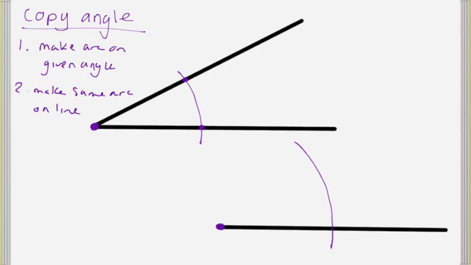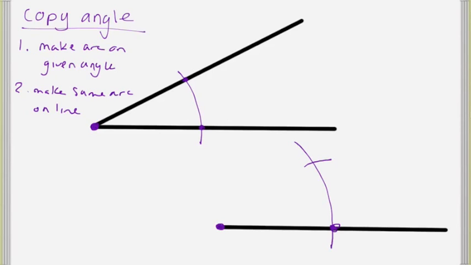And then I'm going to take that down to our second arc and make that same size marking. Okay, so putting your compass point down where we want the new angle to go, I'm going to make that same size marking. So I use my compass to measure how wide is the arc, and then I take that width and bring it down to where I want my new angle to be.